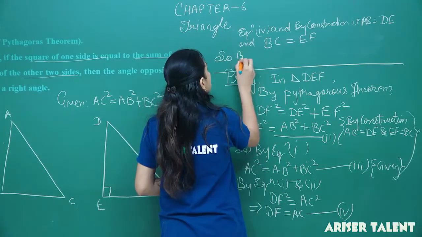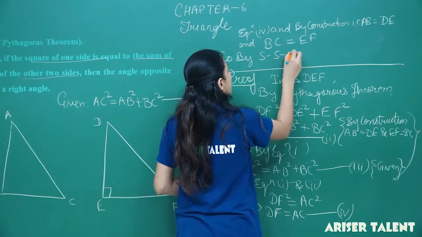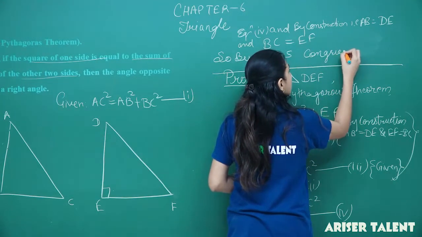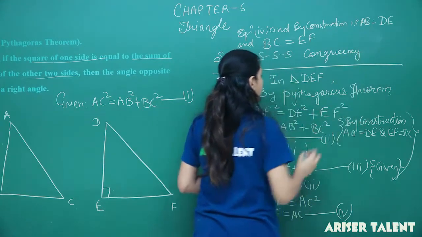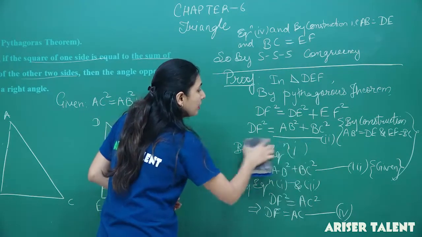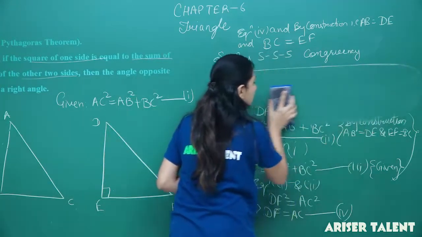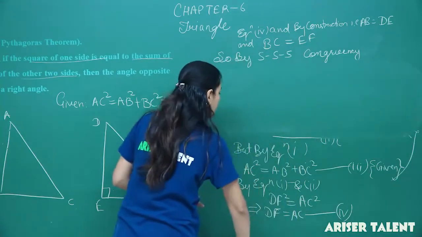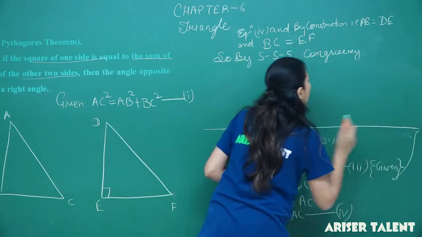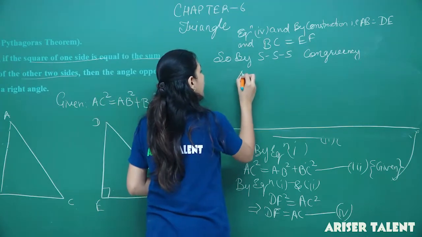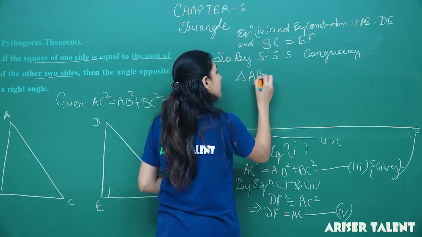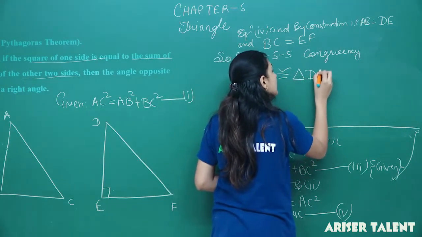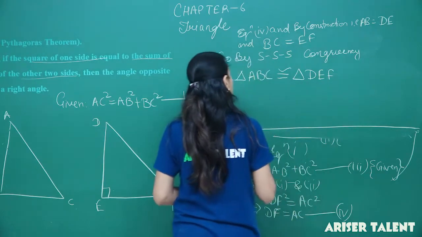So, by SSS congruency, we have triangle ABC congruent to triangle DEF, isn't it?